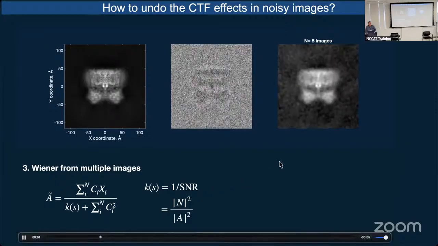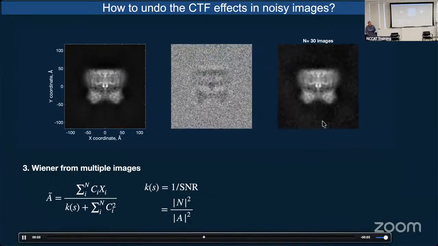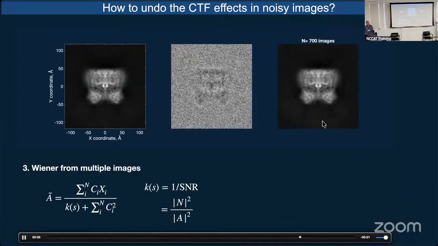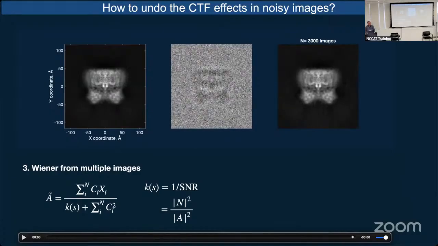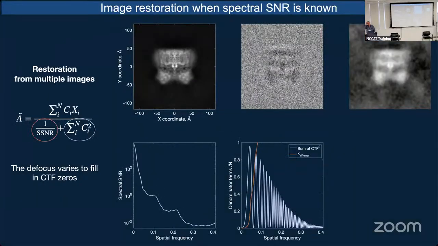And so if we go and do this and combine a bunch of images, in this case 3,000 images, we can do a really excellent job of restoring the original object.